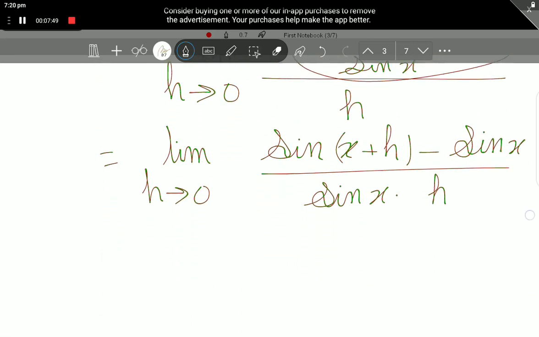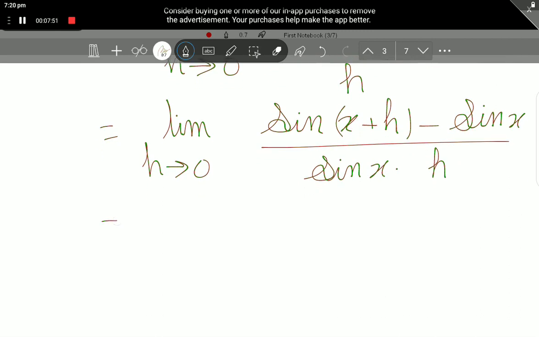Now sin x does not depend on h, so I can take 1 by sin x out of the limit. That does not change as h changes.